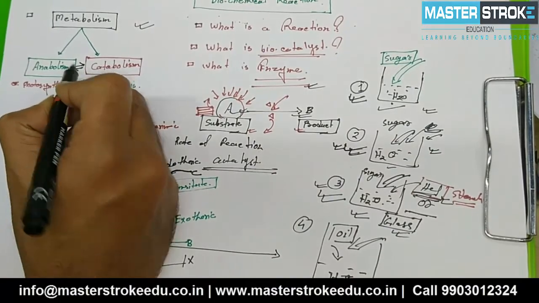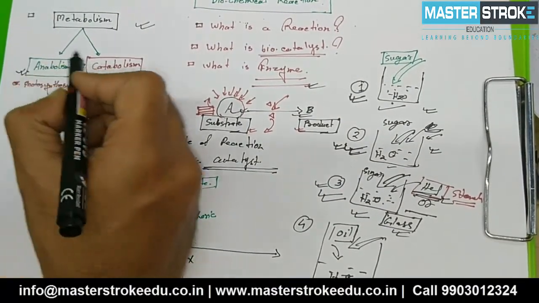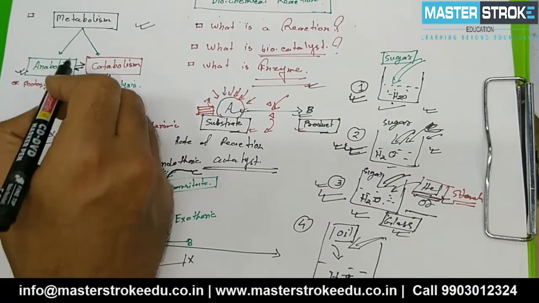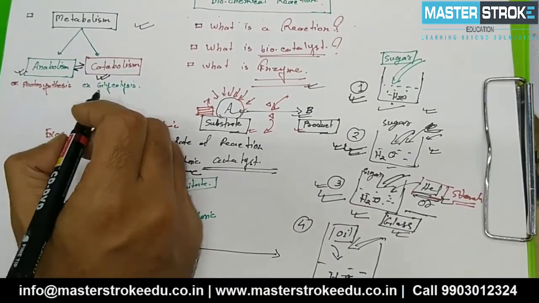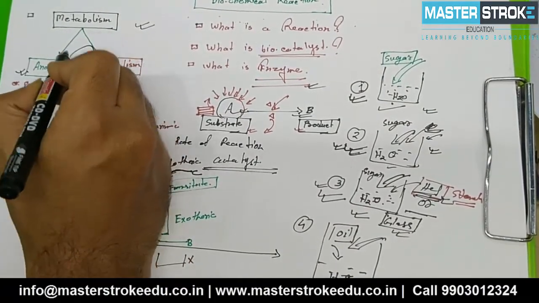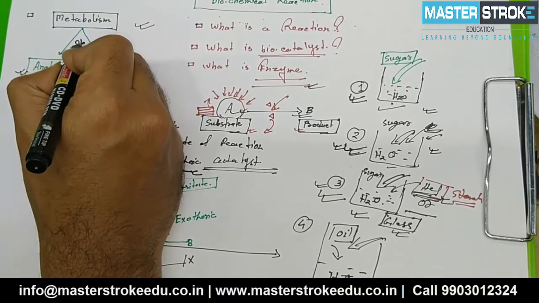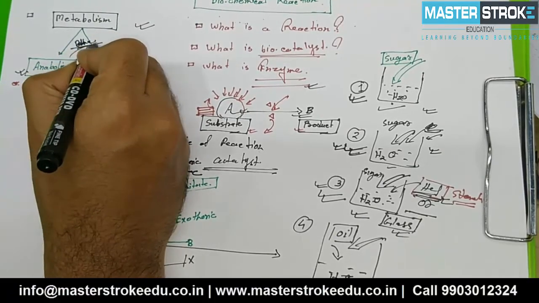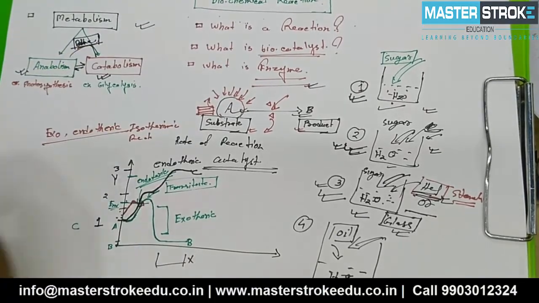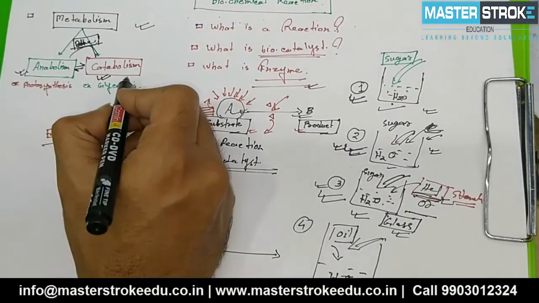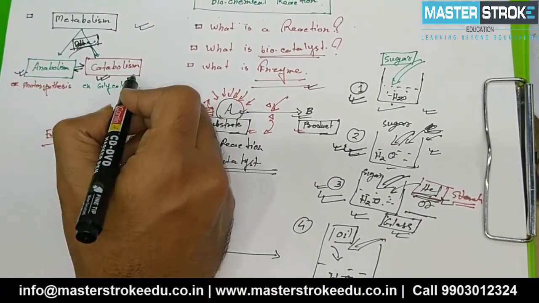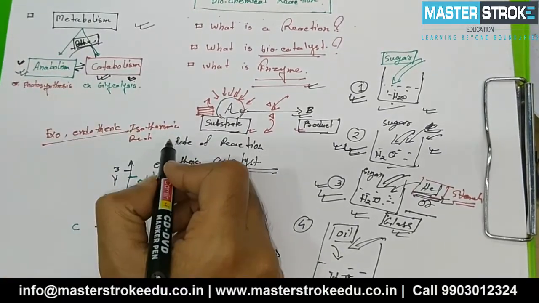Every cell needs both anabolism and catabolism, and the balance between them is very important.